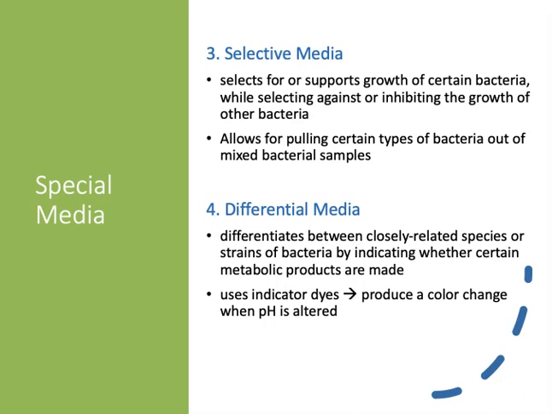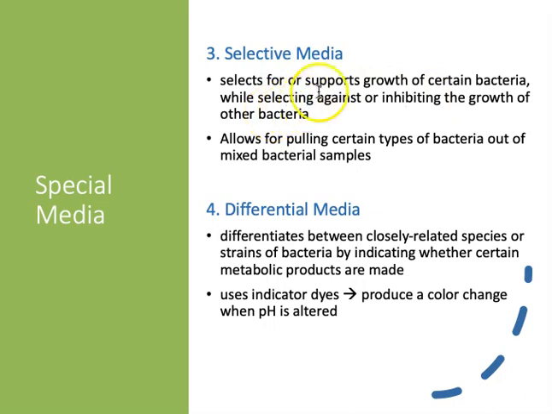The next two types of media that we'll discuss are called special media, and these include selective and differential. Selective media is used to select for or support the growth of certain species of bacteria, while selecting against or inhibiting the growth of other species of bacteria.